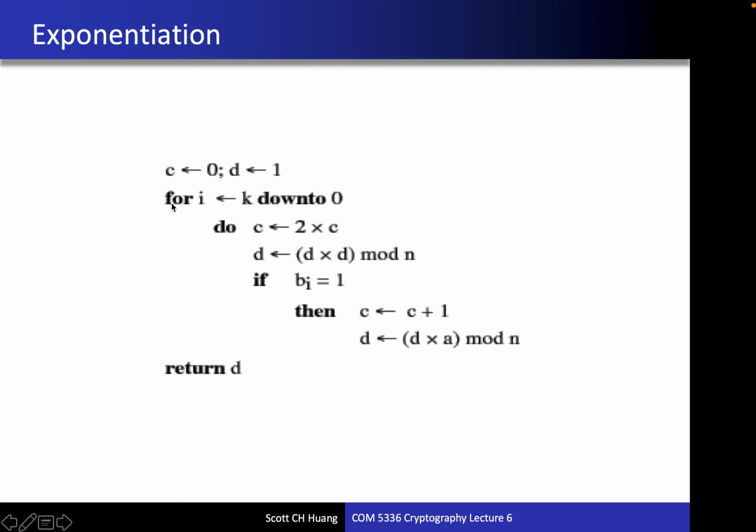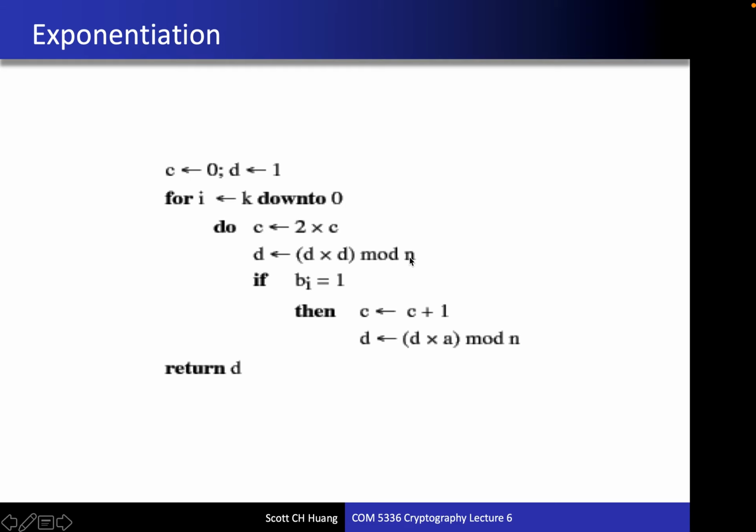What should we do? We need to modify this algorithm. A is a point, so A is not lowercase anymore, it's an uppercase A. That will be easier to understand.